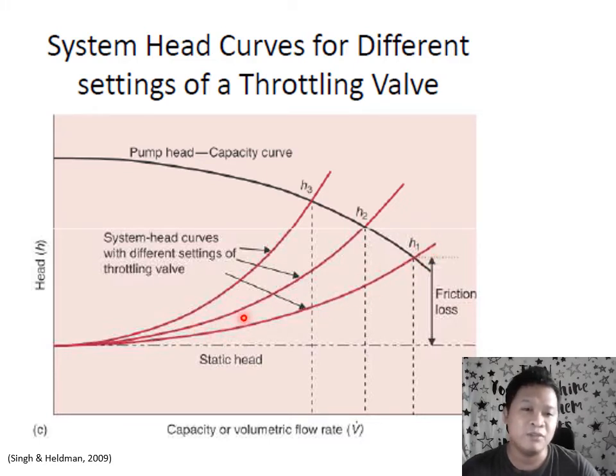Then if you partially close it, and then mas malapit sa closed than open, for example. So in short, pinakamaganda yung setting niya pag open yung throttling valve, fully open. And then, since siyempre, nag-restrict ka ng flow, yung frictional losses mo lumalaki, di ba? Kasi iniipit mo siya.